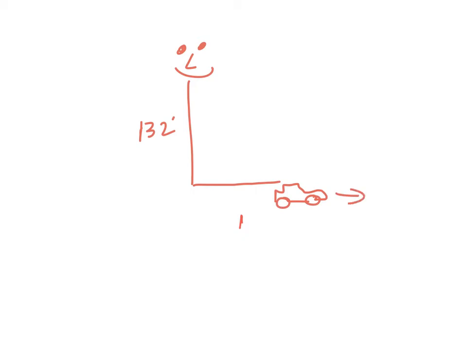And remember, it's going zoom that way, okay? So the question is, a half a second later, how far has it gone? Well, if it's traveling 264 feet per second, it means in 1 second it travels 264 feet. That means after a half a second, it has traveled 132 feet.